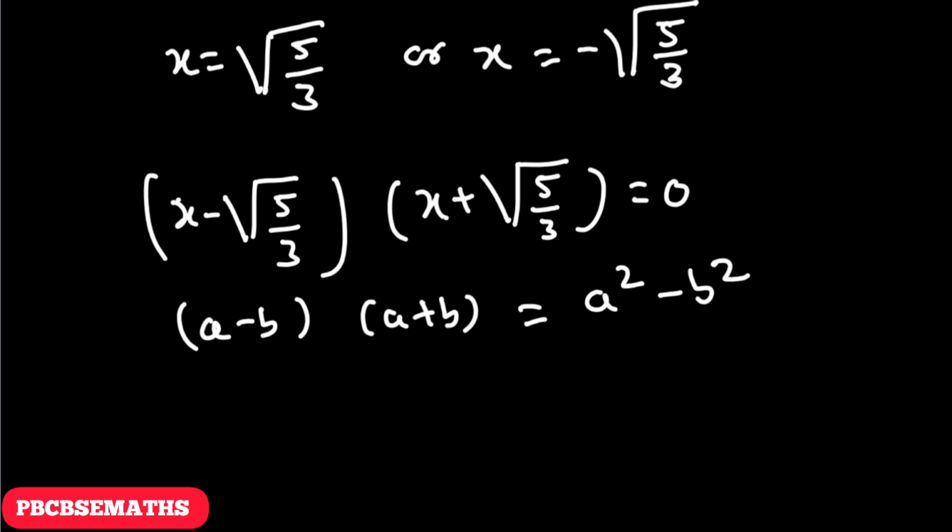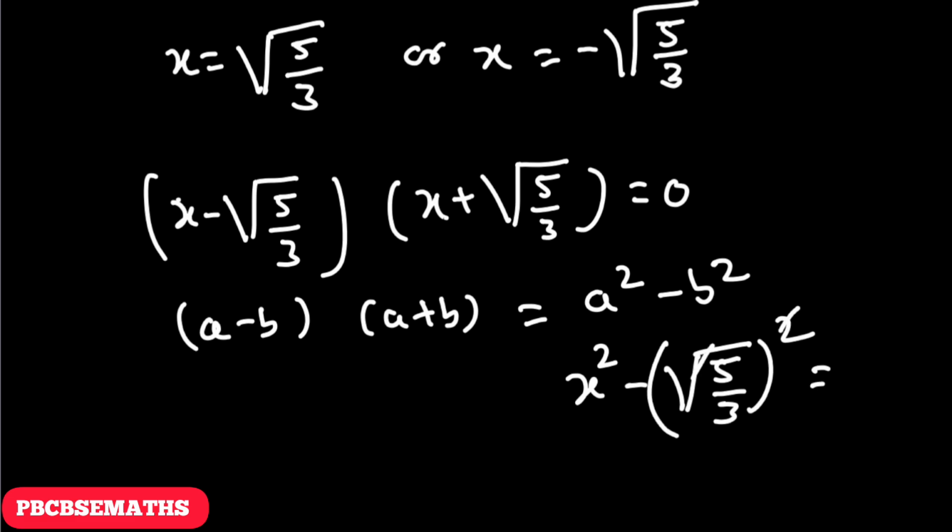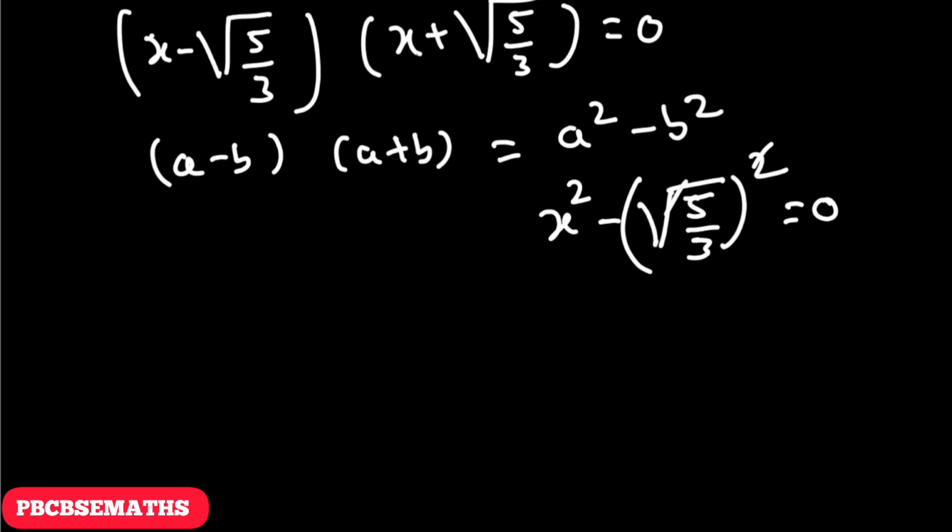With the help of this algebraic identity, the product of these two terms is x square minus square root of 5 by 3 whole square. Here square and root get cancelled. Of course, it is equal to 0. Then we can write it as x square minus 5 by 3 equals to 0.